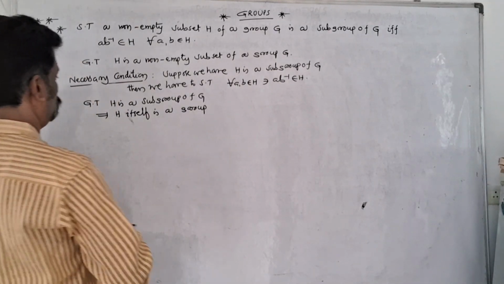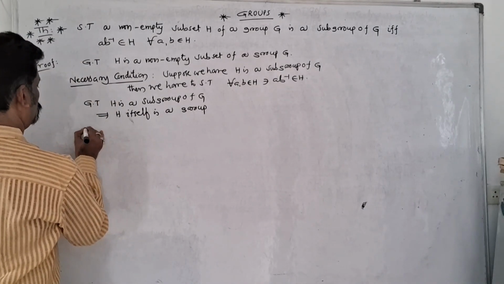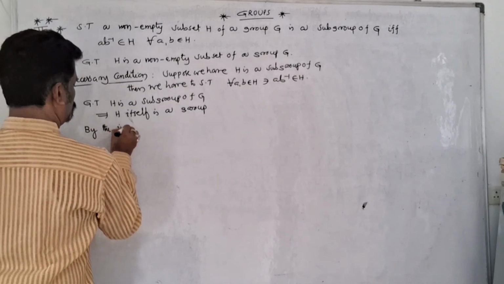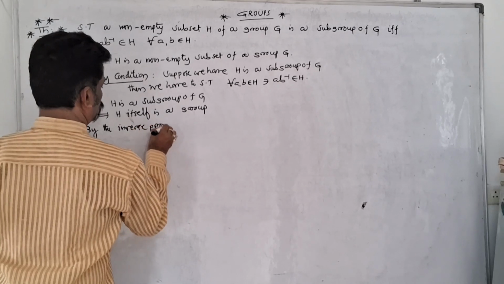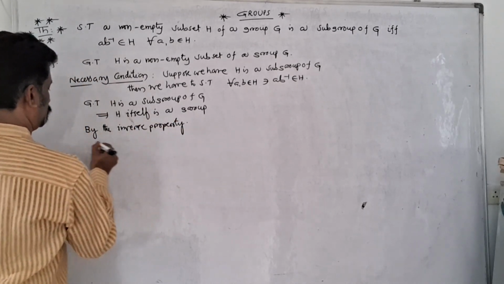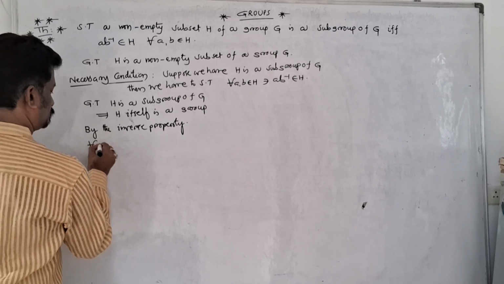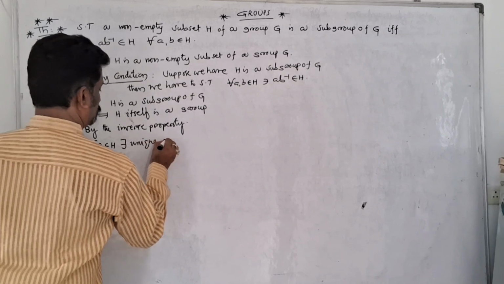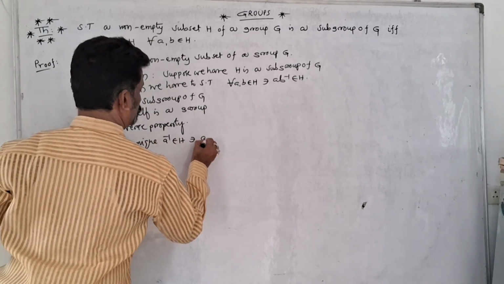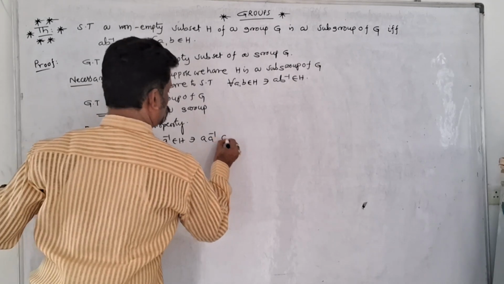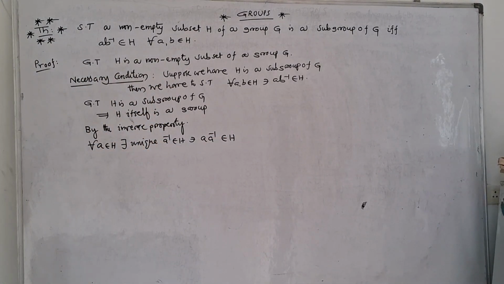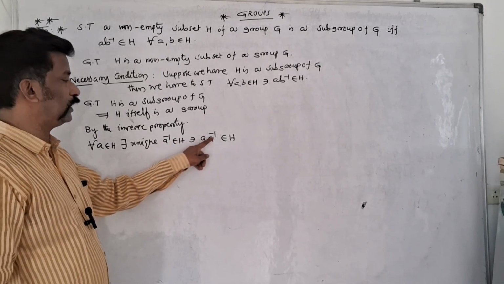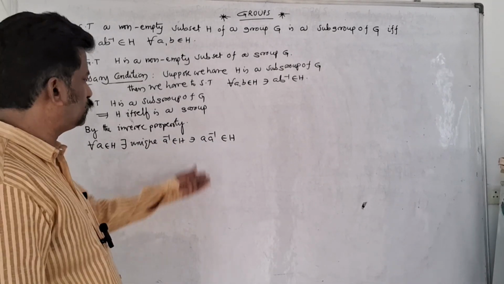Now listen carefully. By the inverse property, for all A belongs to H, there exists a unique A inverse belongs to H such that A into A inverse belongs to H. That is the inverse property.